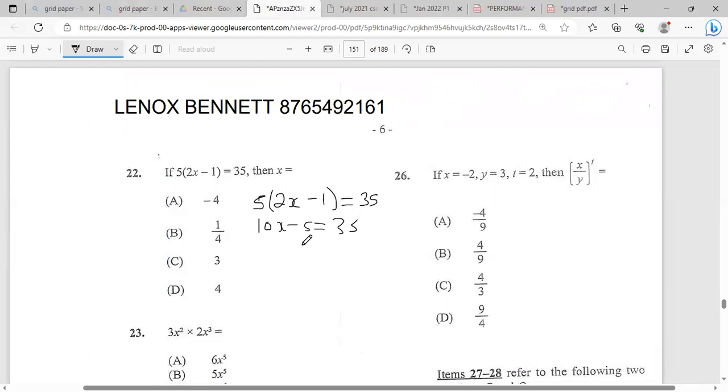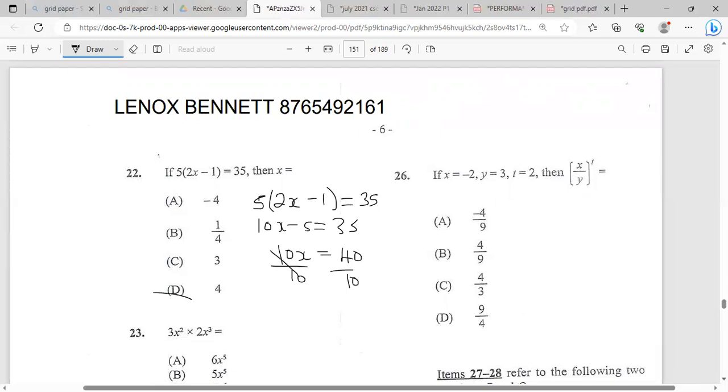All right, so this now will be plus 5. I have to add 5 to both sides, which gives you 40, and then divide by 10. 10 times what gives you 40? Now, 4, not negative 4 now.